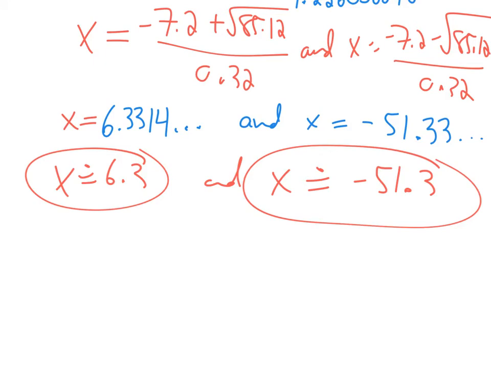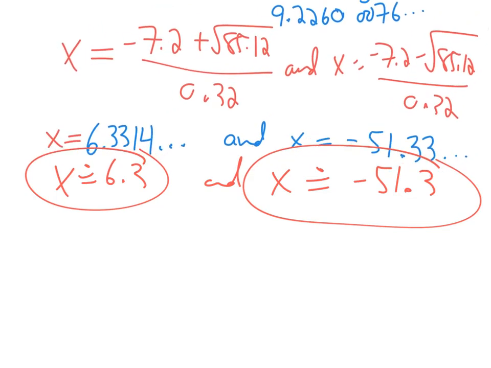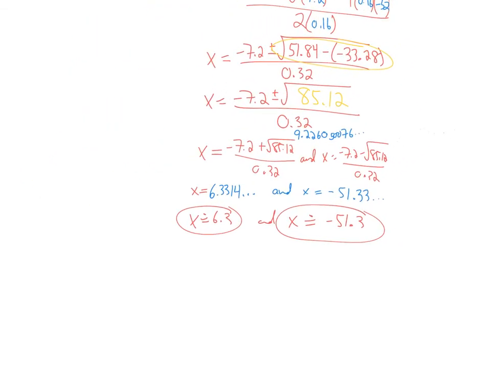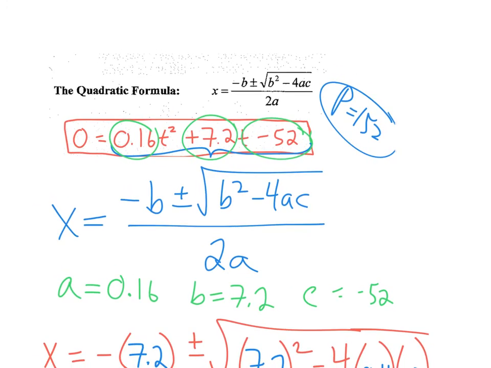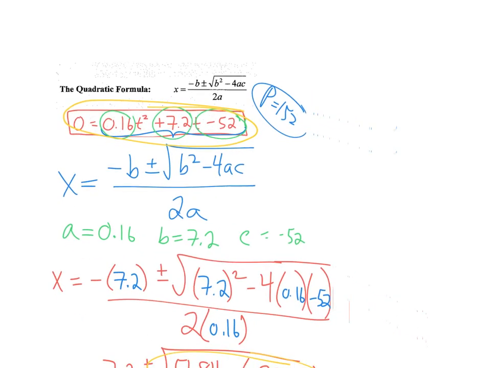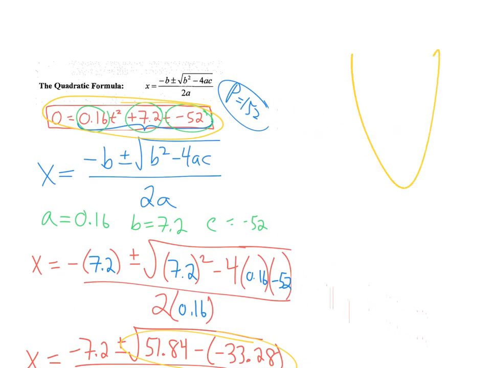So let's pause for a moment and consider what we have. The standard form equation before we started using the quadratic formula was 0.16 t squared plus 7.2 t minus 52. The a value is positive, so this parabola is going to be opening upward.